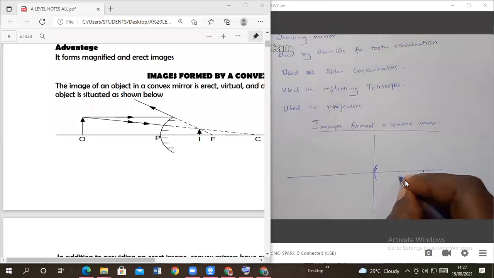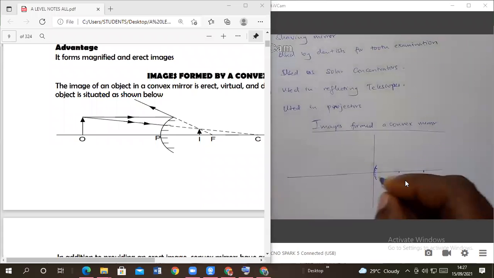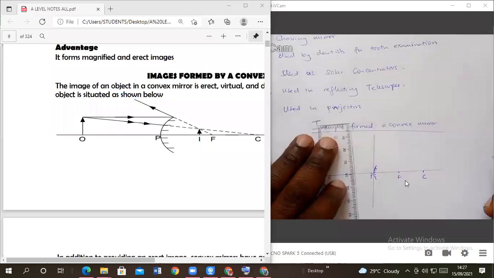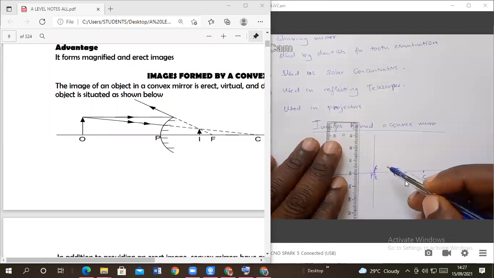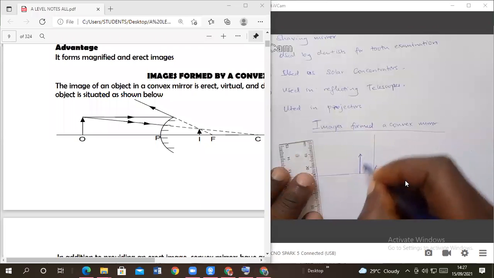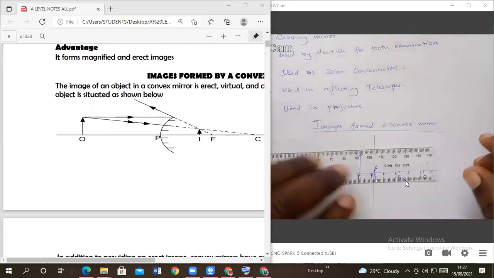This is F and this is C. And this is the pole, and you can place the object at any point. So let us place the object here. For us to have a difference with what is in the notes, let us place it here. That is the object.